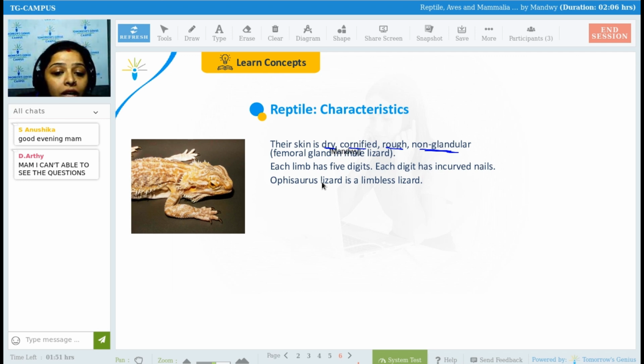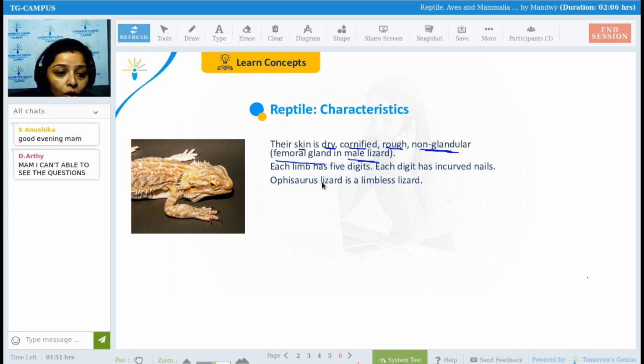Glands like sweat glands and oil glands are absent, and because of the lack of these glands, the skin is dry. In the male lizard, there is one gland below the skin, the femoral gland. Apart from that, all reptiles lack glands, hence their skin is non-glandular.